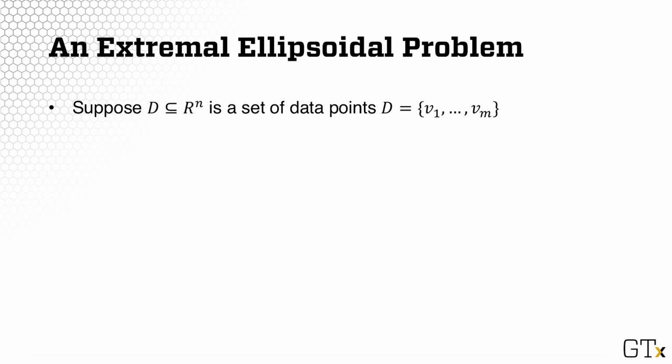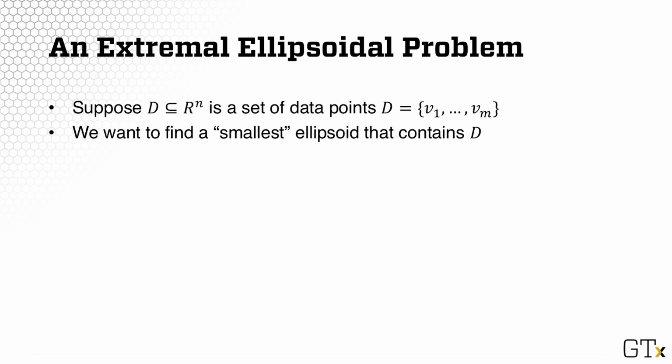Okay, so what is the extremal ellipsoid problem? Suppose we have a set of data points. D is a set of points v1 to vm. You can think of these as measurements or some data that you collected. What you want to do is find the smallest ellipsoid that contains this set of data points.